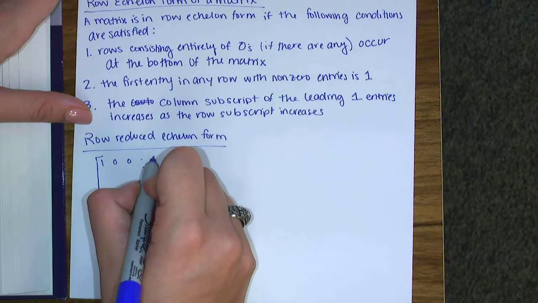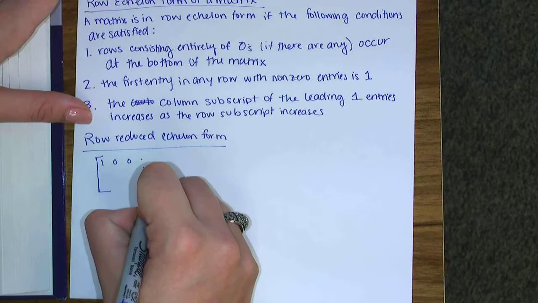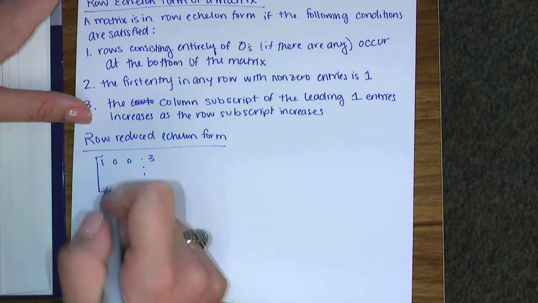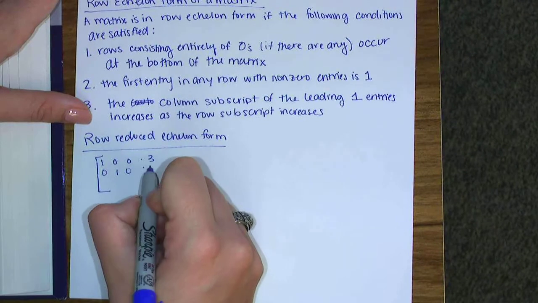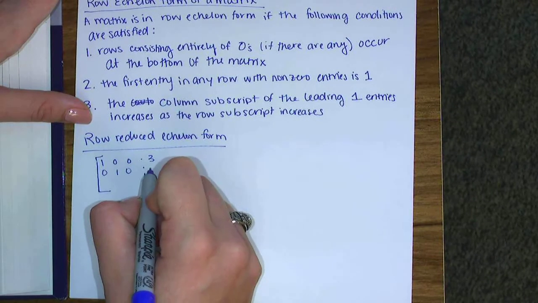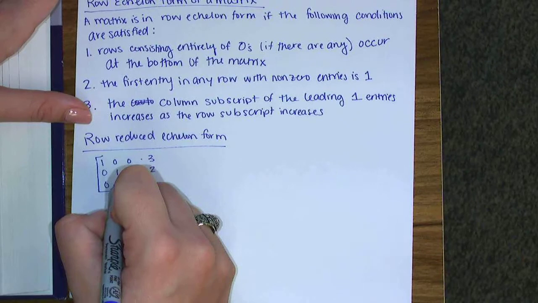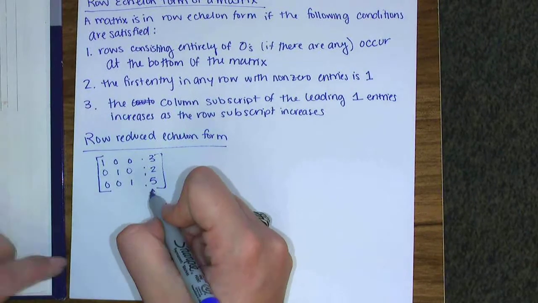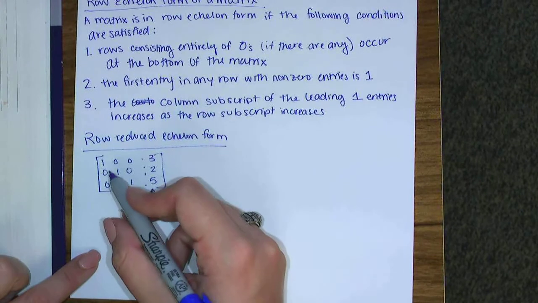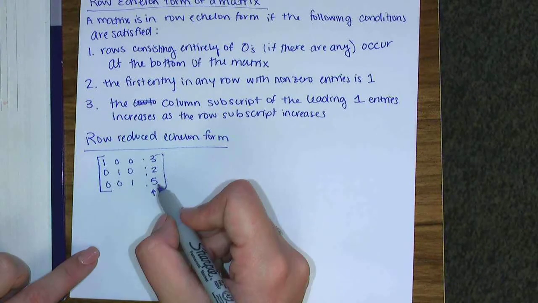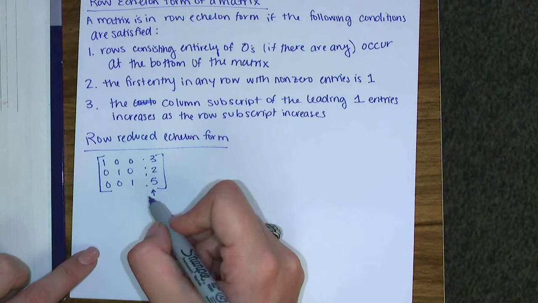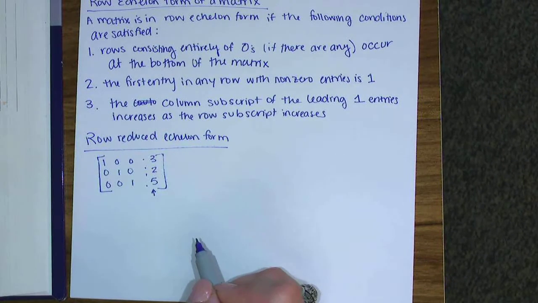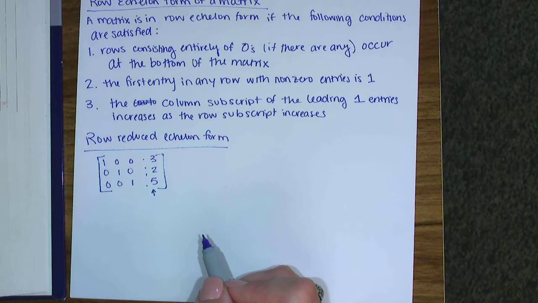This can be any number, it could be 0. We'll just say 3. 0, 1, 0, 2, 0, 0, 1, 5. Then these would be your solutions here, and this is in row reduced echelon form. Not saying there couldn't be a row of zeros, but that is how we would set that up, or what that would look like.